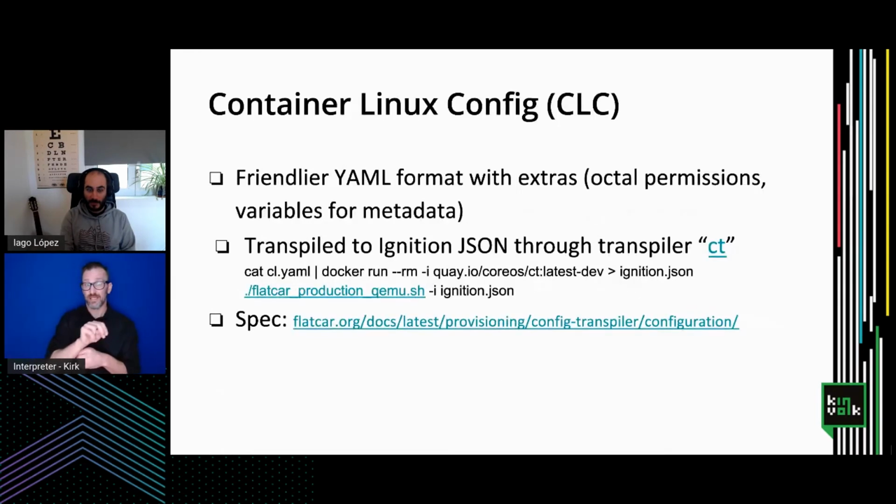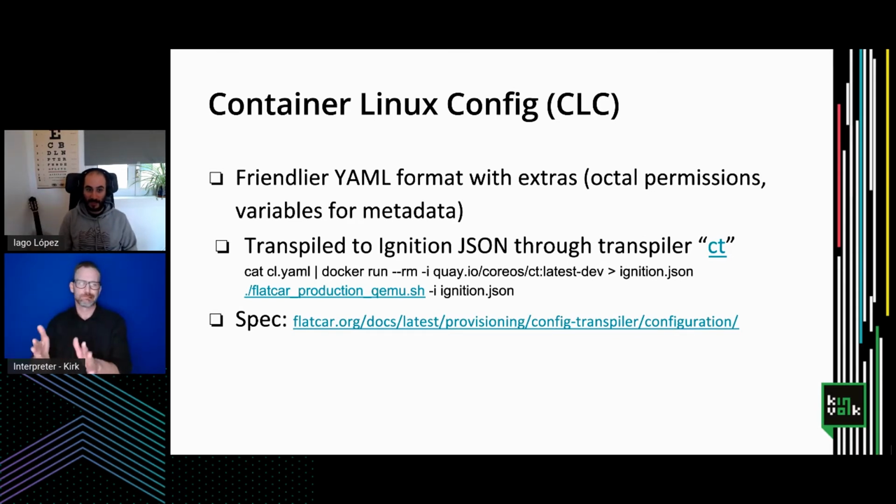And since writing JSON is not really that user-friendly, I would say, we have this concept called Container Linux Config, which is a friendlier version of the Ignition config using YAML, which is sometimes not great to write, but I think it's nicer than JSON.